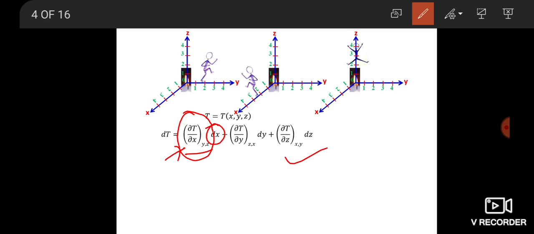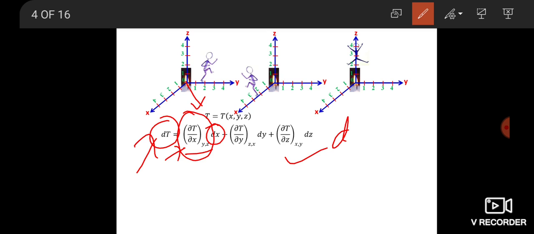Then we will find the direction along which this change is maximum. So first we have calculated the change in temperature dT in an arbitrary direction, and next we will find the direction along which this change is maximum.